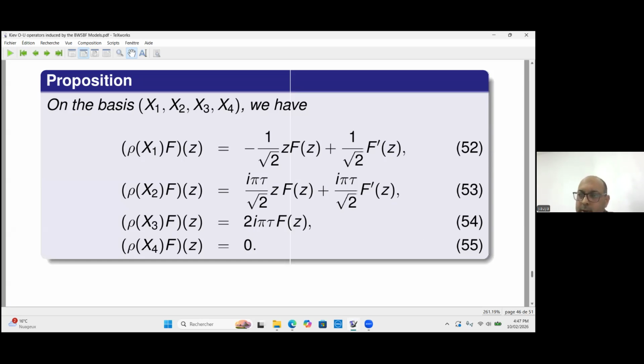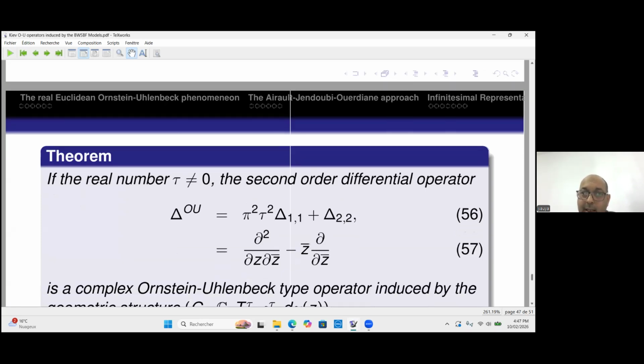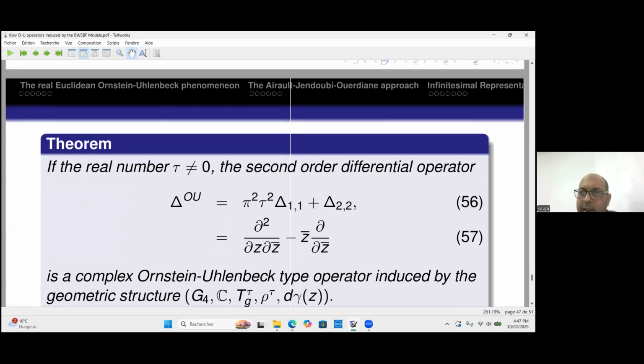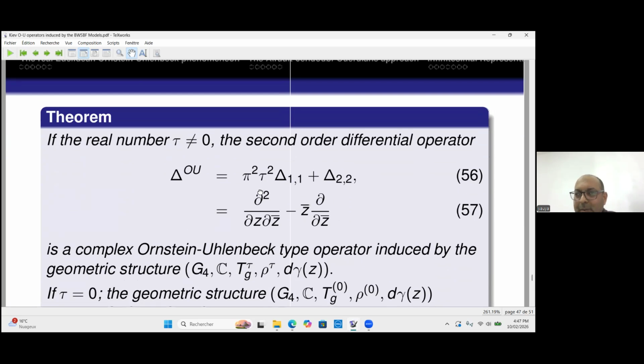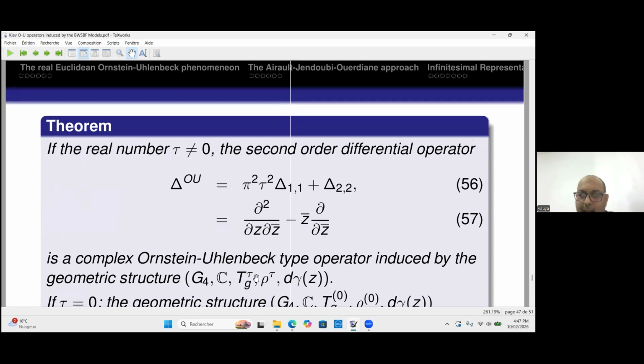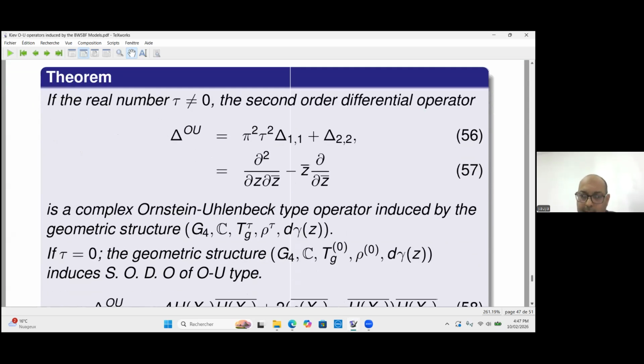So we prove that if tau is a non-zero real number, this p square tau square delta 1 plus delta 2 is also equal to this Ornstein-Uhlenbeck operator. And this is the induction of the Ornstein-Uhlenbeck operator from this geometric structure.